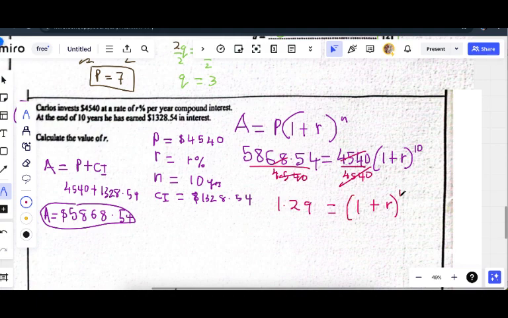When we reach this stage, we find the 10th root of both sides. To find the 10th root of this number, you key in your calculator. So when you get to this place, pause the video, key this in your calculator, and try to do this. The 10th root of this number, and also the 10th root of this one.